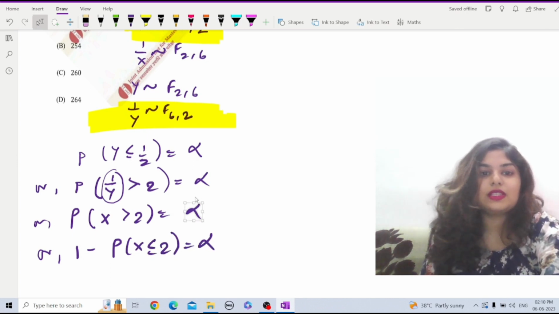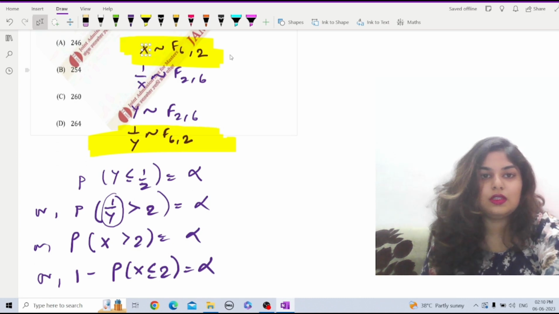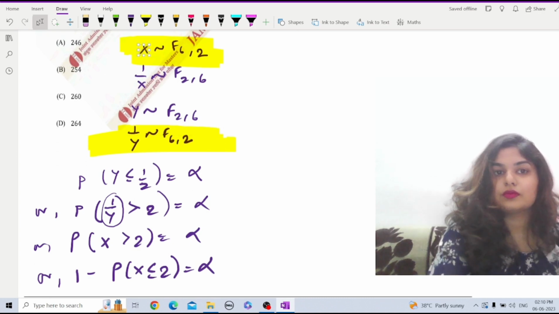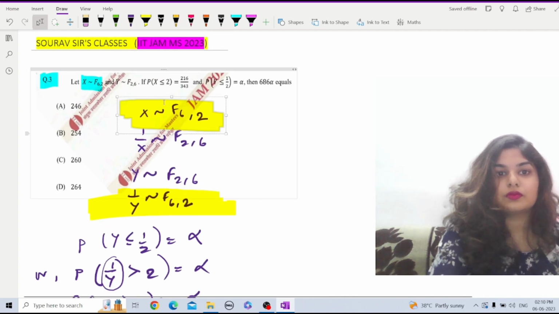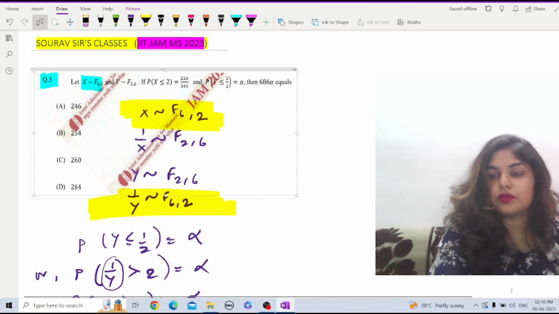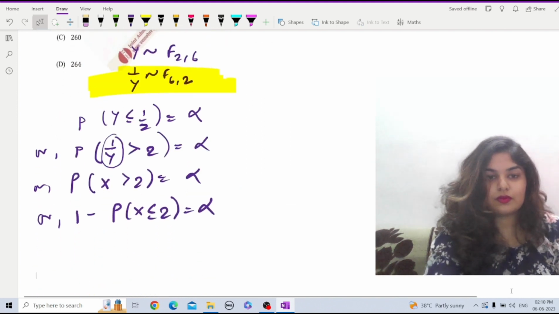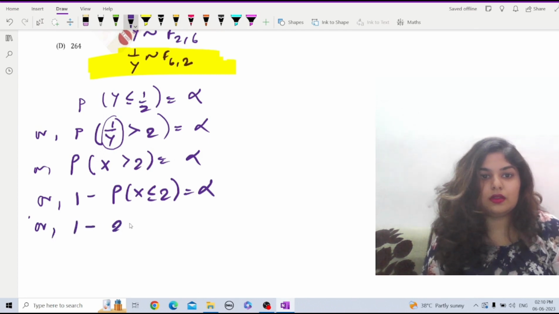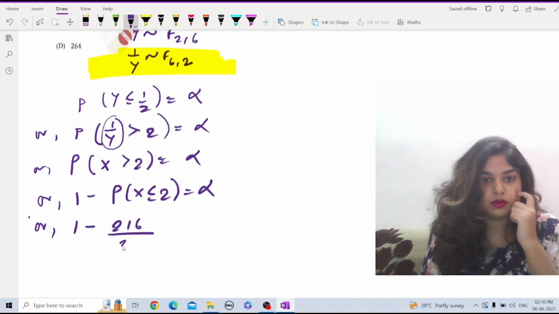So the probability of X less than or equal to 2 here is given in the question, that is 216 by 343. So 1 minus 216 by 343 is equal to alpha.